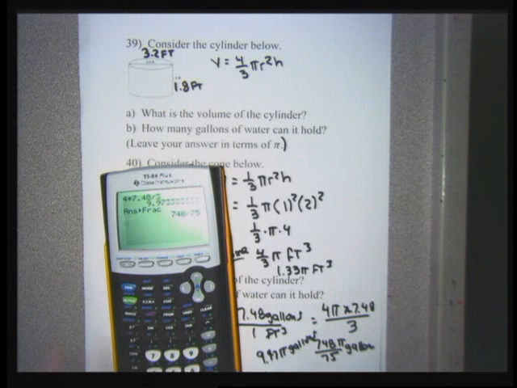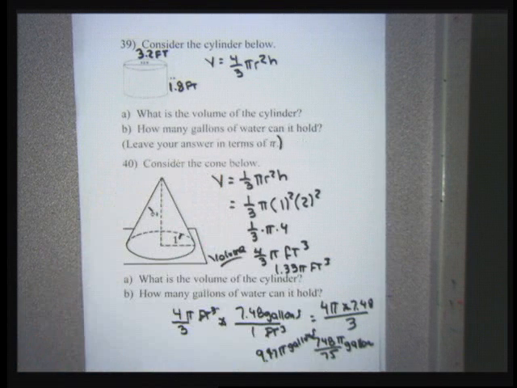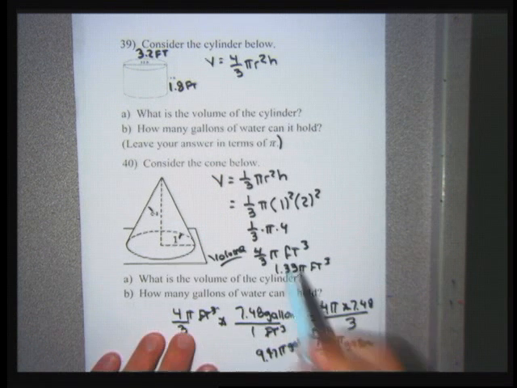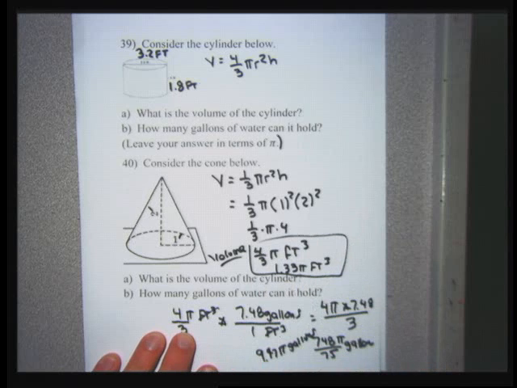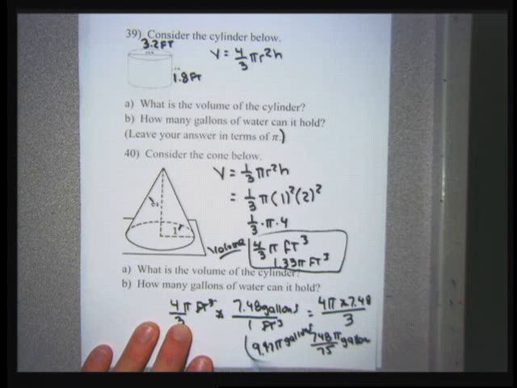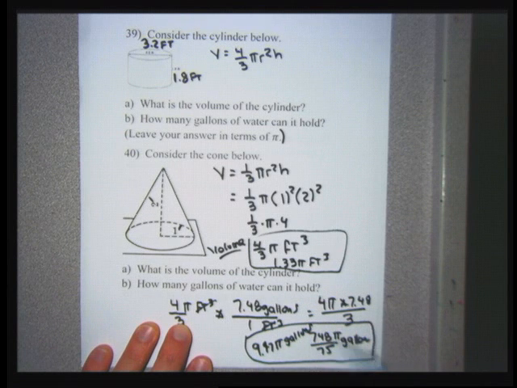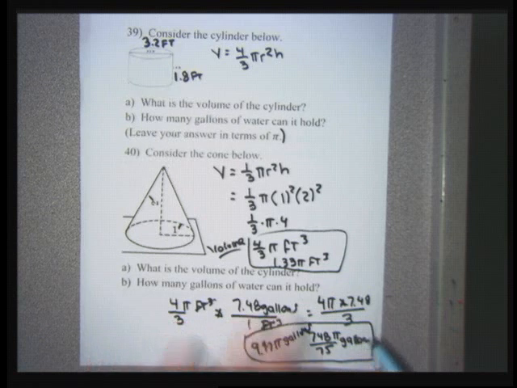And I have no idea why, because I didn't say give an answer as a fraction, I gave decimal answers. So I would live with either a fraction or the decimal answer for part A of number 40, because it doesn't say to give a fraction answer. And for part B of number 40, I would live with 9.97 gallons or 9.97 pi or 748 over 75 pi.